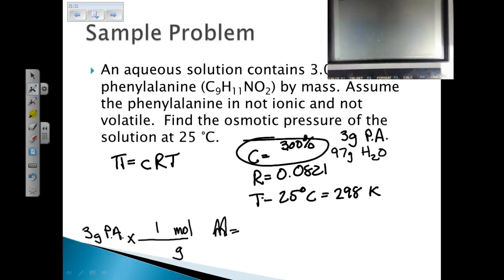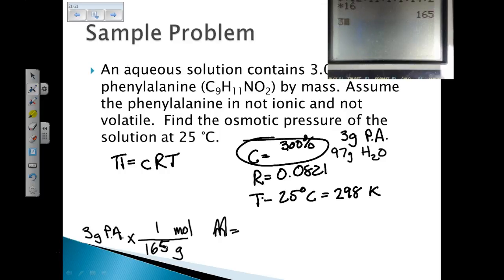The molar mass of phenylalanine: for carbon, 9 times 12, plus hydrogen, 11 times 1, plus nitrogen, 1 times 14, plus oxygen, 2 times 16. The molar mass is around 165.